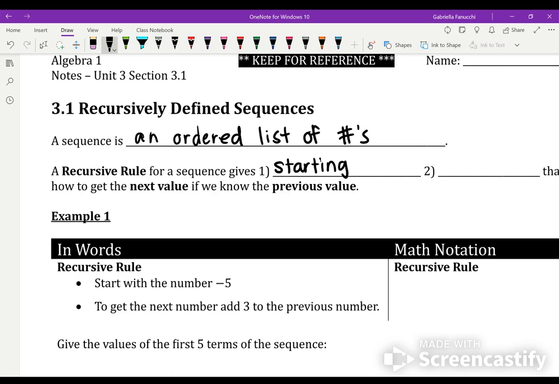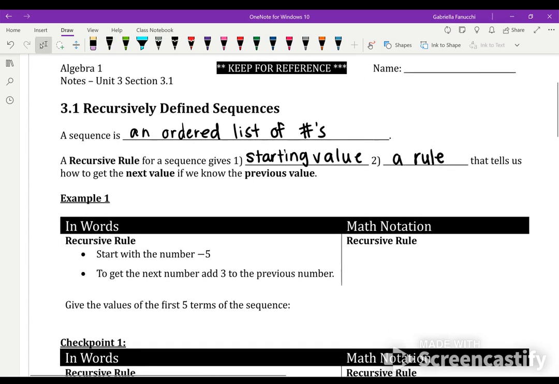So where are we beginning? And then it's going to give you a rule of some sort, either what you're adding, what you're subtracting, what you're multiplying, a pattern. So think of the rule as the pattern, and that tells us how we're going to get the next value if we know what the previous value is.